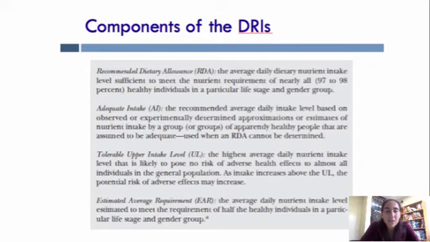We then have the tolerable upper intake level, and this is specifically the highest average daily nutrient intake level likely to pose no risk of adverse health effects. So if someone consumes an amount on average at the level of the UL, there is no evidence to suggest that there would be any risk of toxicity at this level.